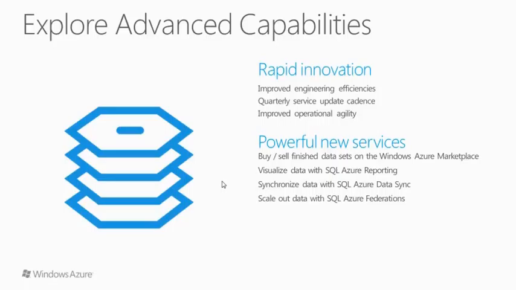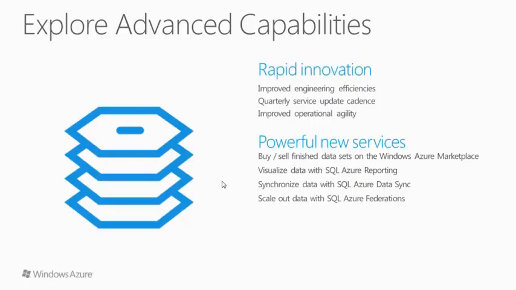There are several powerful new services out there. You can, for example, from the Windows Azure Marketplace, buy and sell finished data sets. You can visualize data with SQL Azure Reporting. We talked about this a few minutes ago. You can synchronize data with SQL Azure Data Sync, and then SQL Azure Federation, the ability to partition and scale out your data to multiple nodes.